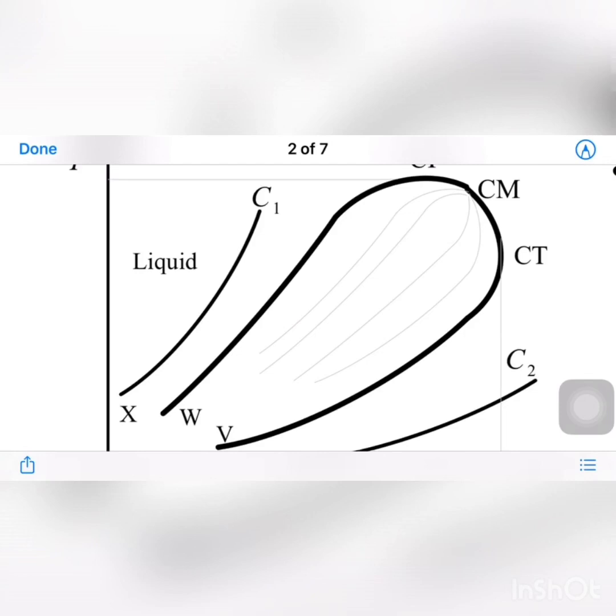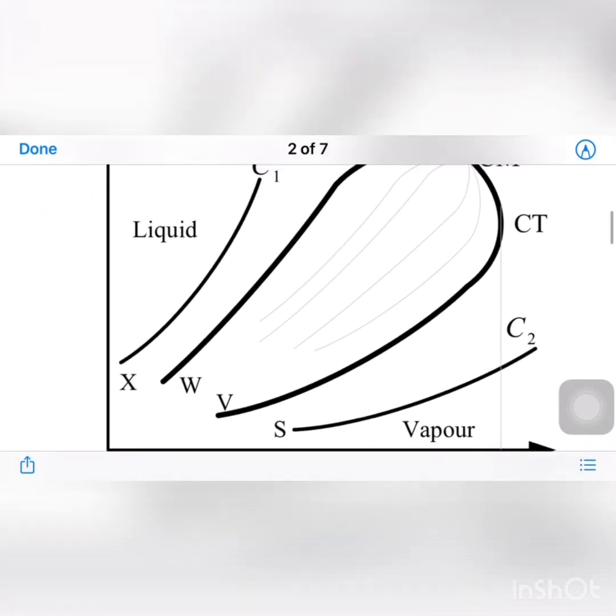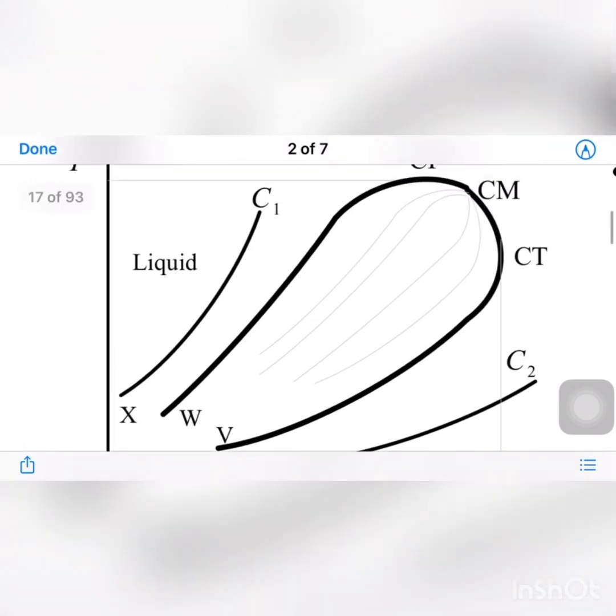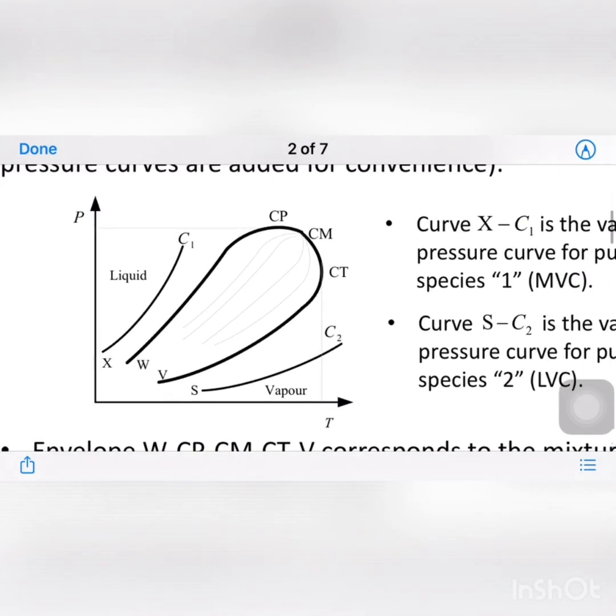The second is 50%, and decreasing up to the dew point line where we have 0% liquid. Okay, that is the PT diagram for a binary system.